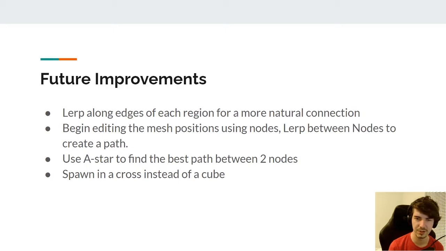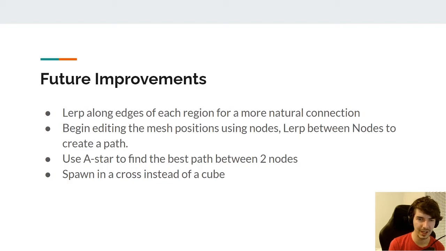So talking about future improvements, the first thing I could look into is lerping, taking an average position along the edges of our regions. Right now, I'm just setting them all to the same value, and that's not necessarily an elegant or natural looking solution.